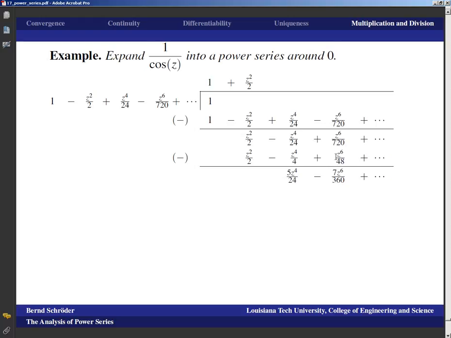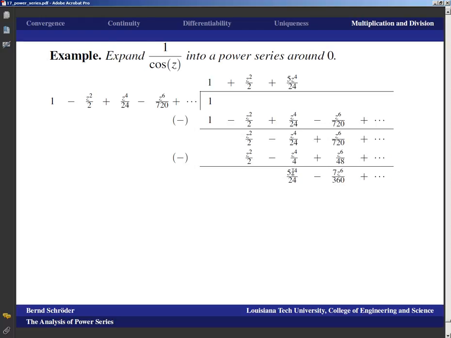So this is 15 over 48 times 720, negative 15 over 720. Then we add 1 over 720, which is negative 14 over 720, and that's negative 7 over 360, and we keep the z to the 6th, of course, so that works out. And of course we keep going like that.